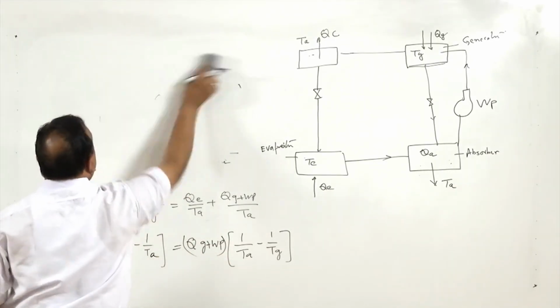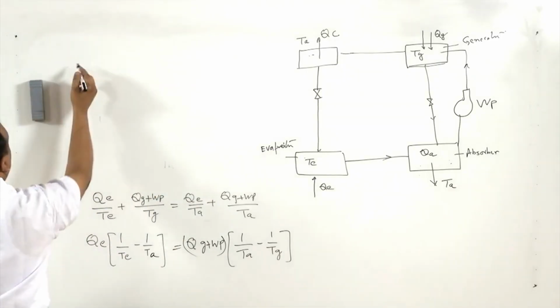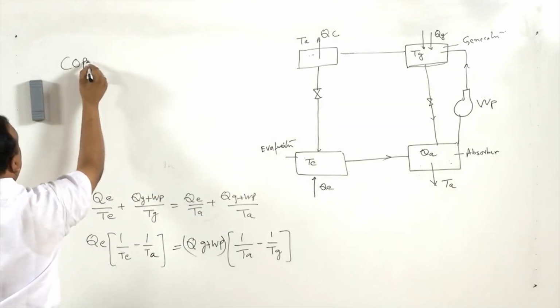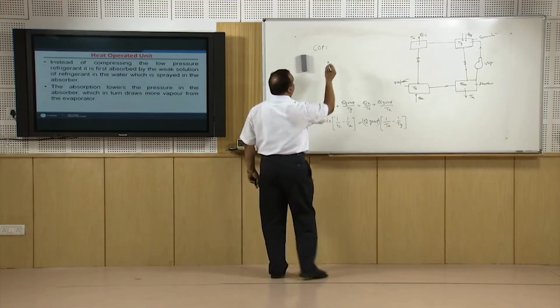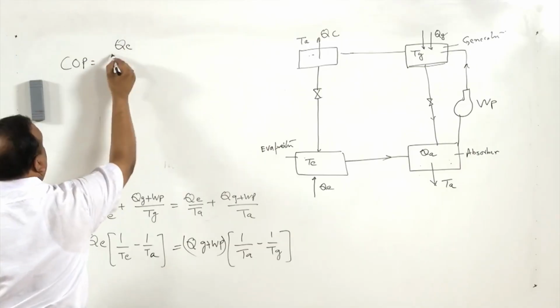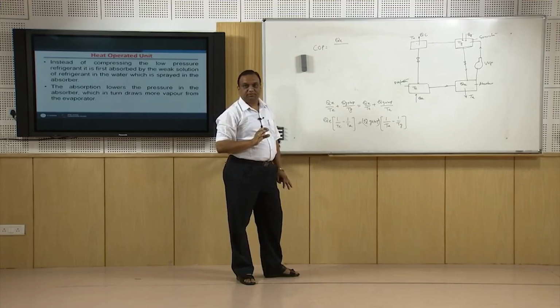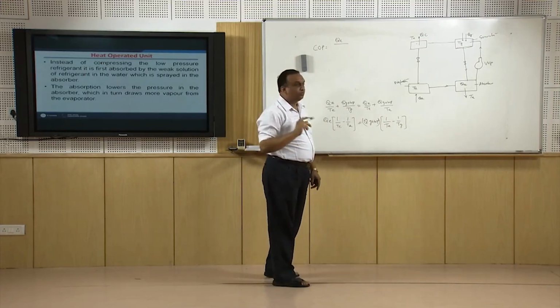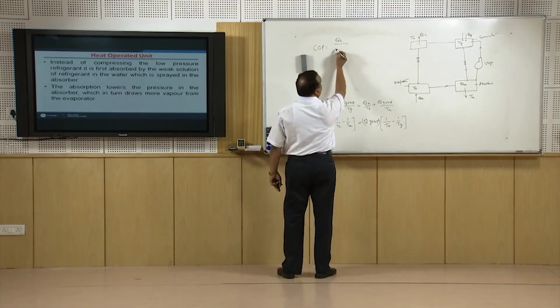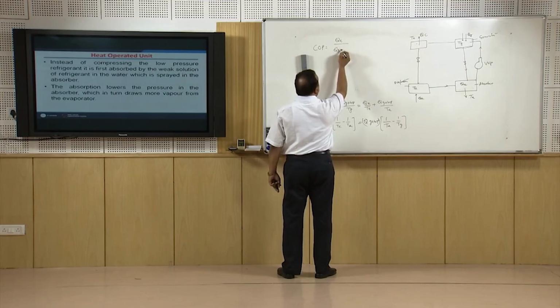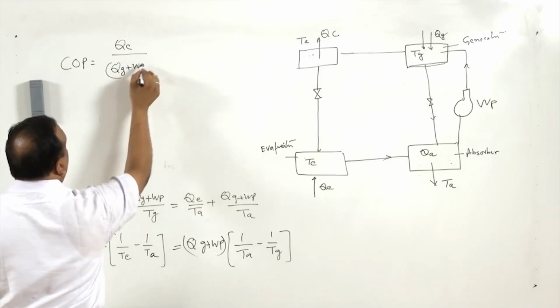Now, the COP of the system is the refrigerating effect, that is QE, heat transfer taking place in the evaporator, divided by the energy input in the system. In a vapor compression system it was through the compressor, now here it is QG plus WP, work of the pump.